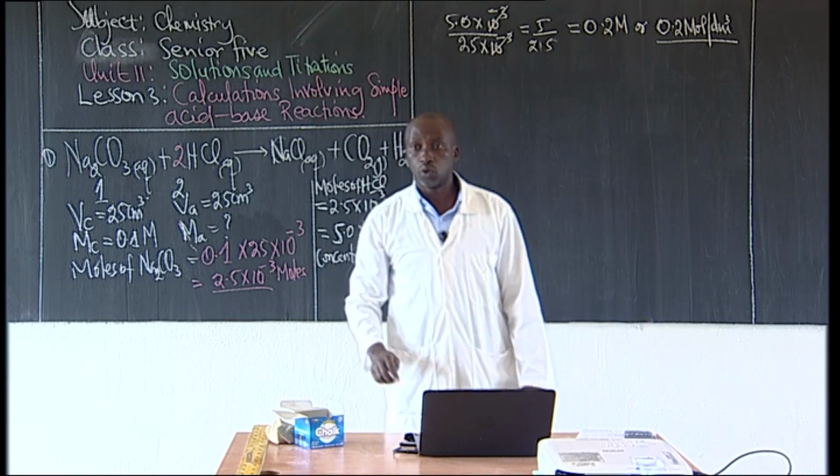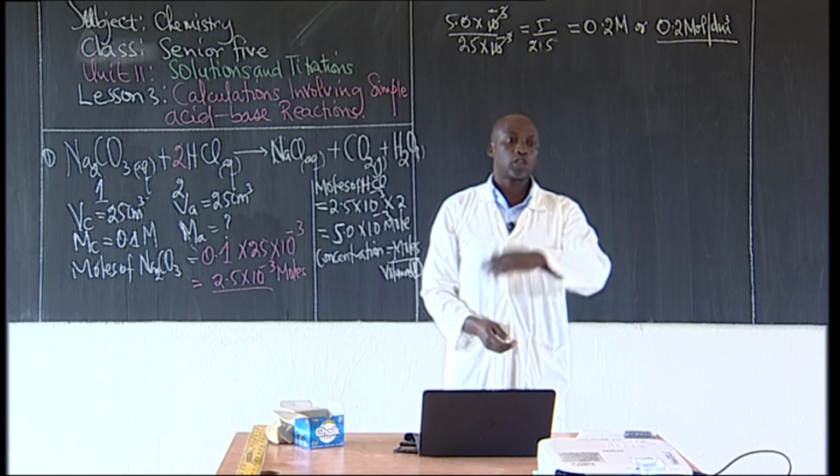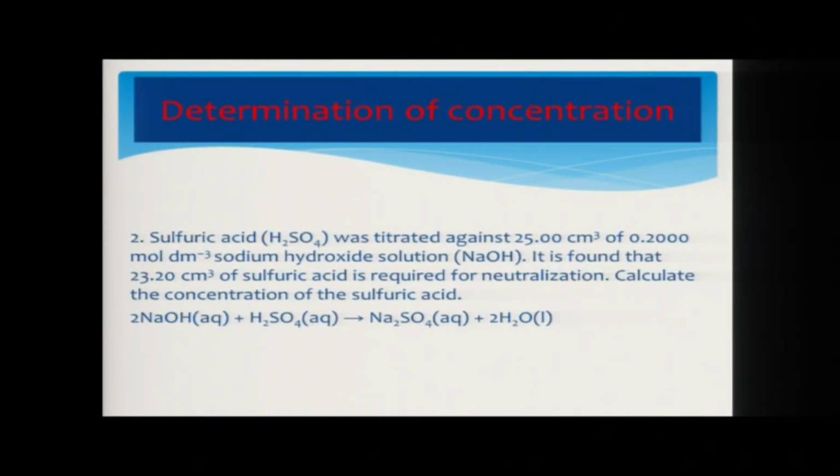So you need to remember that. Now we go to the next question. It is still determining the concentration. So you have to make sure that this one is the same as that. If you have the same idea of what we have done here, then this becomes very simple. Sulfuric acid was titrated against 25 of 0.2 molar sodium hydroxide.